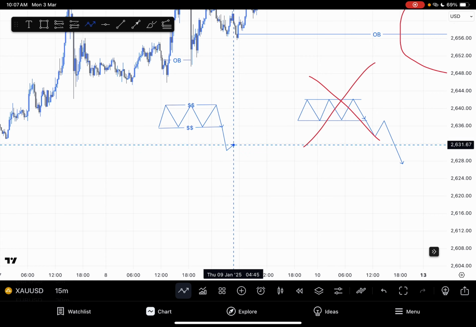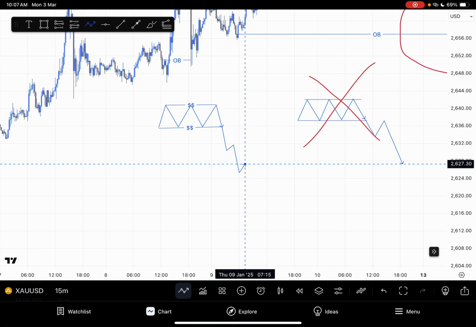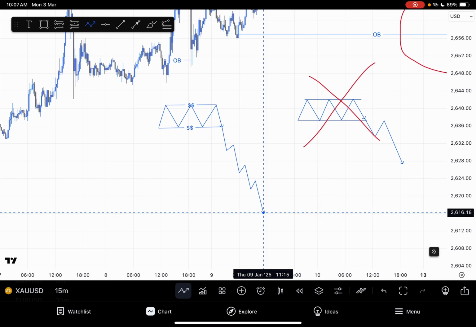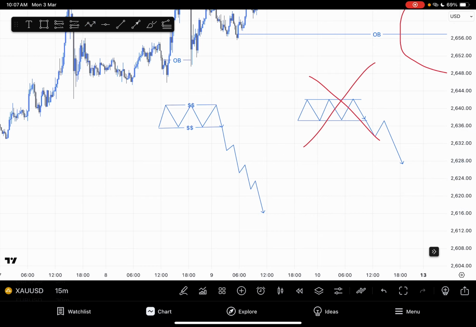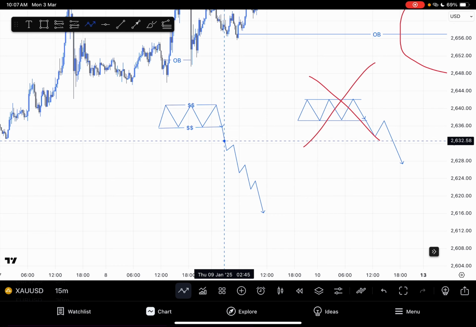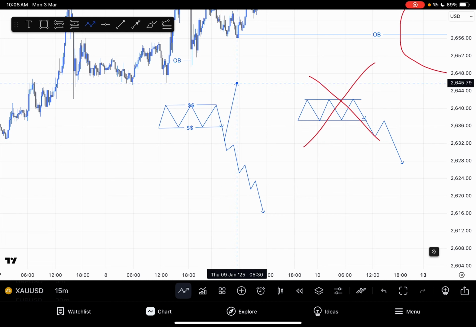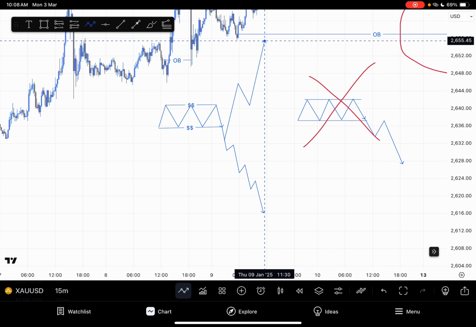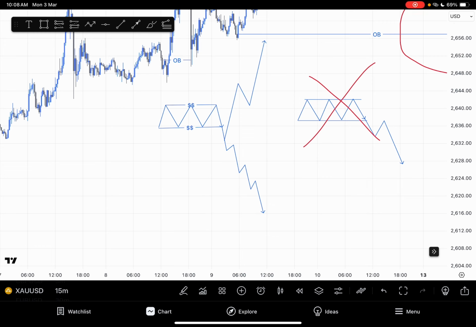So you can just see price do multiple continuations just like that to the downside. This is the first thing price can do, and price can also, after the first breakout from this point here, reverse back, retest, then keep going higher. So these are the two things price can do.